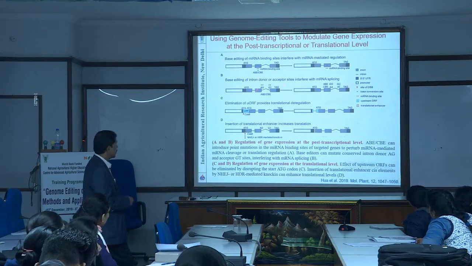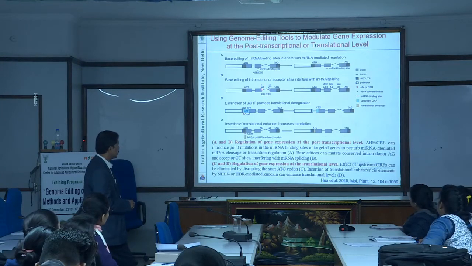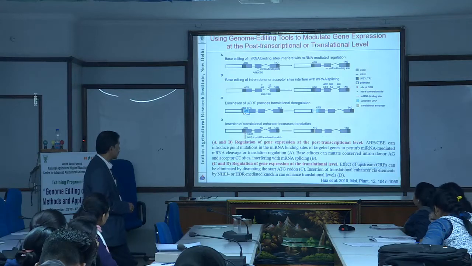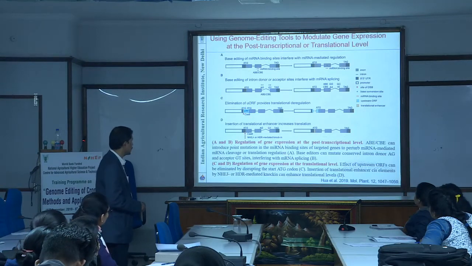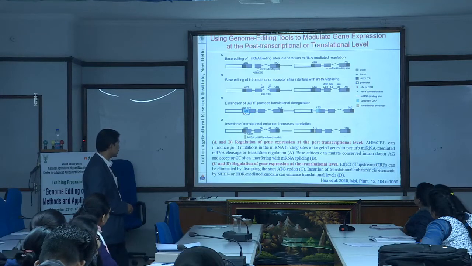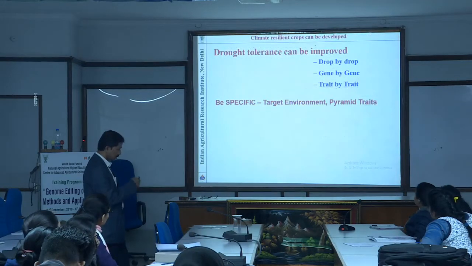You can alter the splicing sites, that is, base editing can be used to modify the AG and GT so that the splicing is altered, or you can modify the upstream ORFs, the small ORFs present before the actual initiation codon, that will enhance the translation, or you can put some translational enhancers in the genes for improving the stress tolerance.